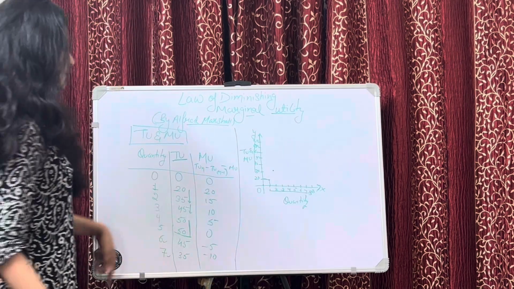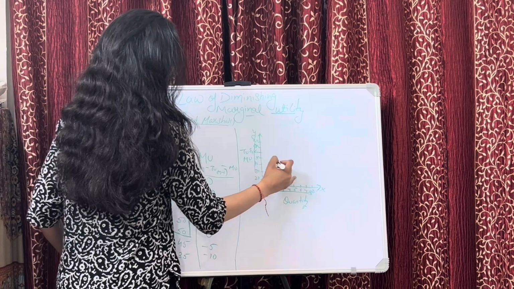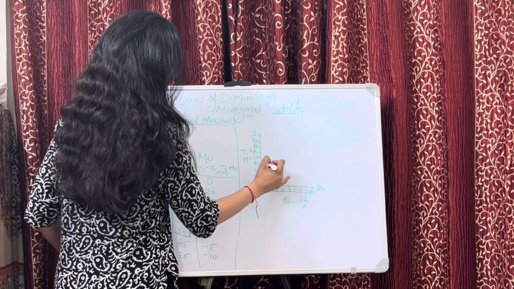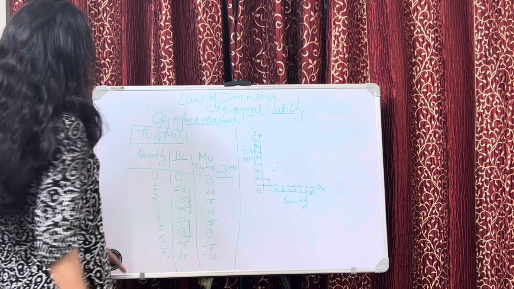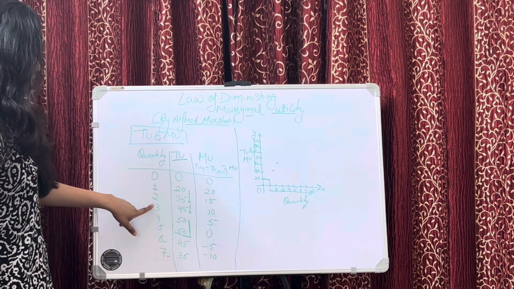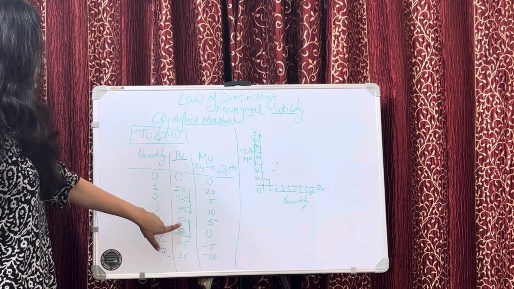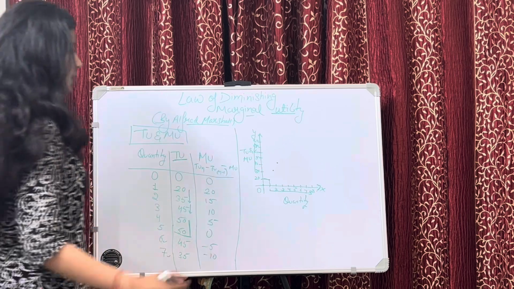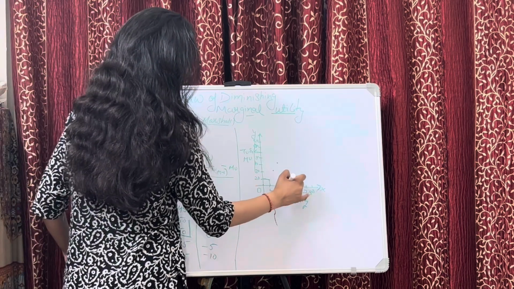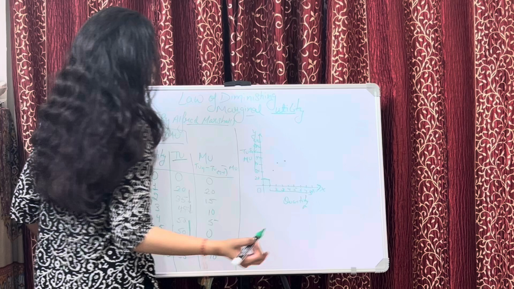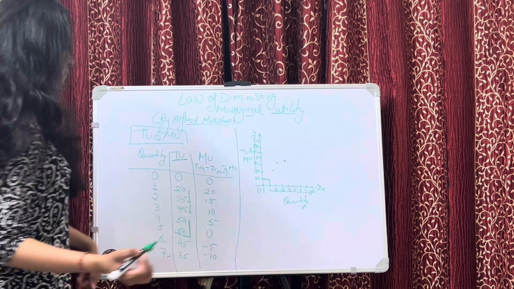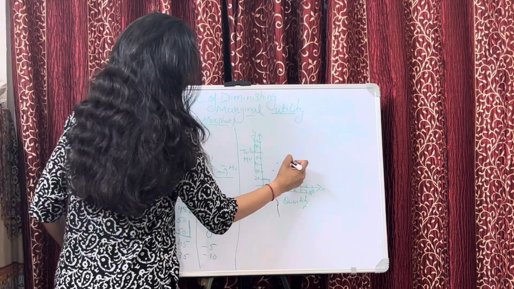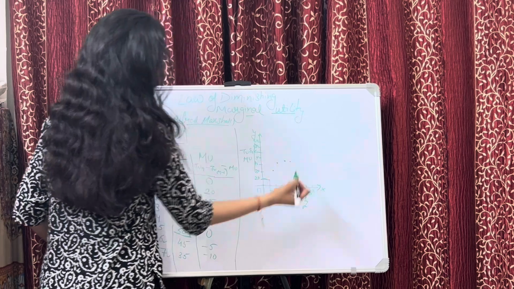Now third is 45, so it will be around here, in between 40 and 50. And for the fourth unit of commodity, your total utility is 50, okay. So it will be somewhere around here. And for the fifth also it is 50, so it becomes constant, same level of point.